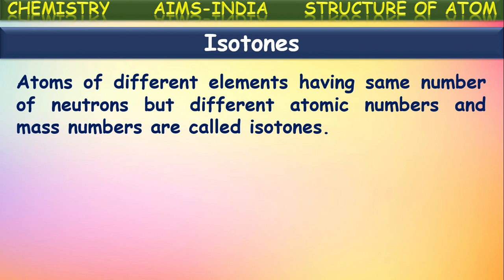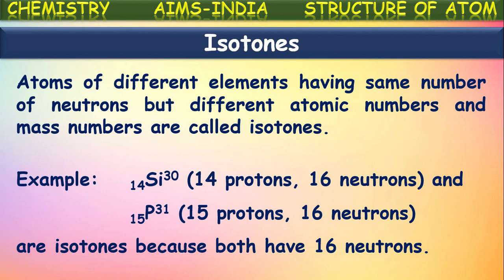If both have the same number of neutrons, then they are called isotones. Let us see an example: silicon and phosphorus. The atomic number of phosphorus is 15, whereas for silicon it is 14. The mass number of silicon is 30, and the mass number of phosphorus is 31. So atomic numbers and mass numbers are both different.